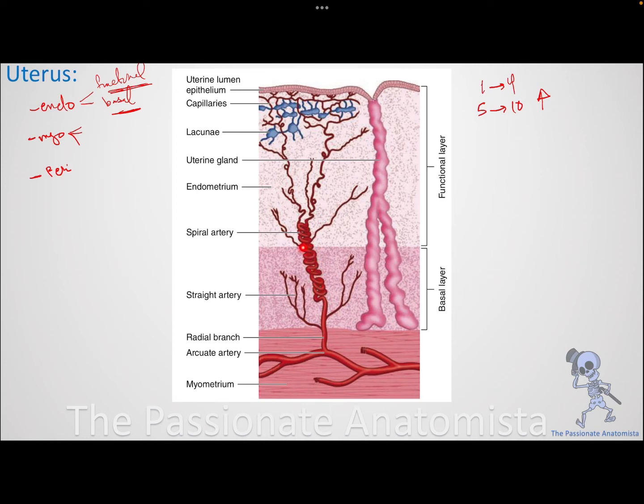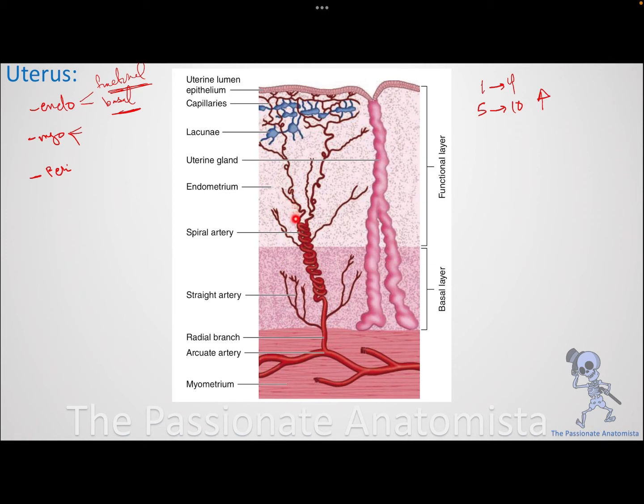The spiral artery can grow more into that layer and give many branches, which help give more blood supply and proliferation of the epithelial lining of the functional layer, under the influence of progesterone and estrogen.